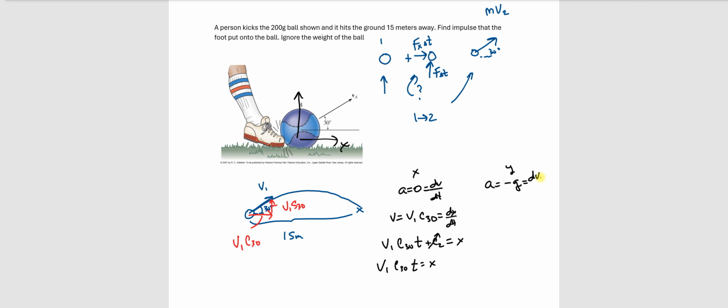But anyway, moving on, keep in mind that this is dv dt. Now this is dv in the y direction times dt. This now integrates to v equals minus gt plus a constant. I'm up to constant 3 here. Now at t equals 0, this is our initial velocity. So Vy equals minus gt plus V1 sine 30.